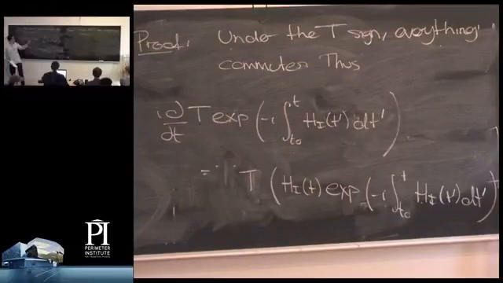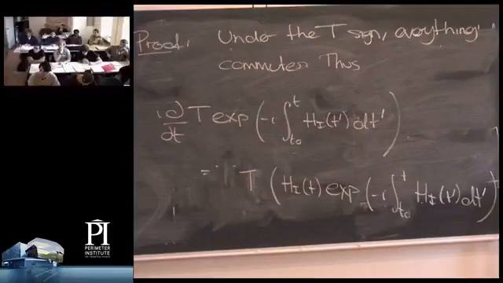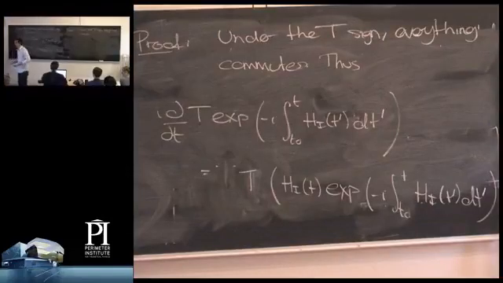It's because you can write them any way you want inside here, but this guy is just going to win and reorder them for you. Okay? Yeah? If you mean that it's the same operator at different times, not different operators. No, I mean operators are any operator you like at any time you like. They all commute under the T sign, by which I mean that it doesn't matter which order you write them in here, because at the end of the day, you've got to realize that guy's there, and that's going to dictate the ordering for you.